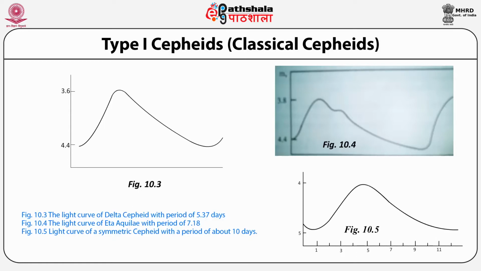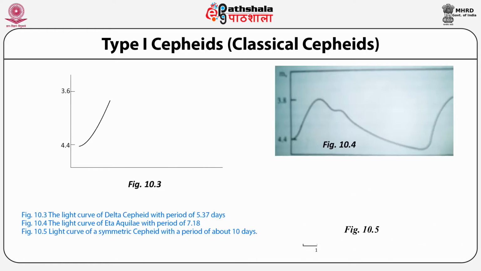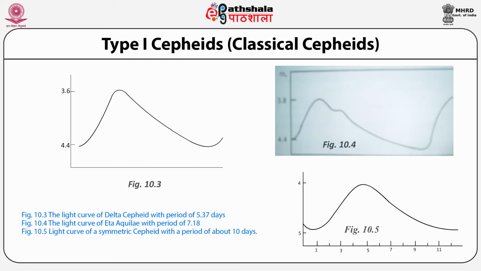Now we have these different kinds of light curves showing different features. All these curves have been obtained from a very fundamental book on astrophysics published by Prentice Hall of India Private Limited.